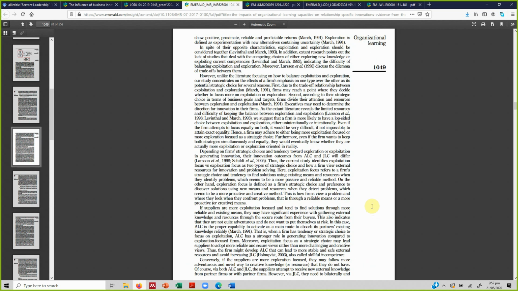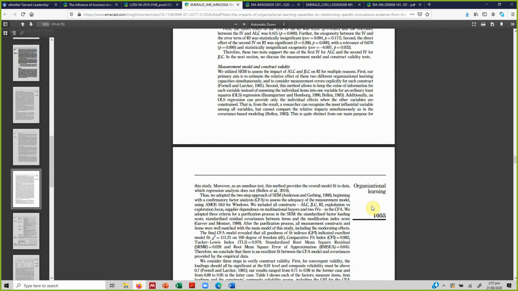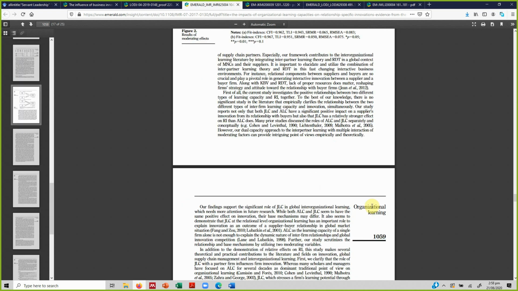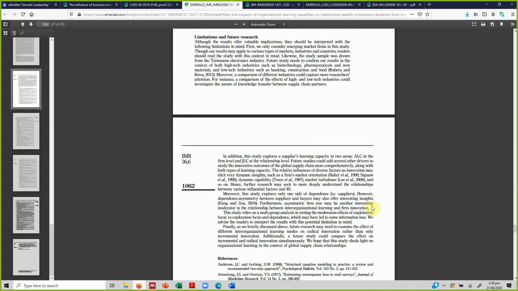Now, what have they recommended for future? What they've recommended is that in addition, this study exposes a supplier's learning capacity in two areas, ALC at the firm level and JLC at the relationship level. Future studies could add several other drivers to study the innovative outcomes.